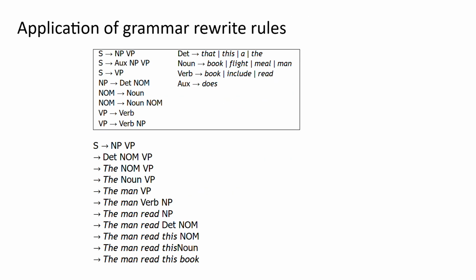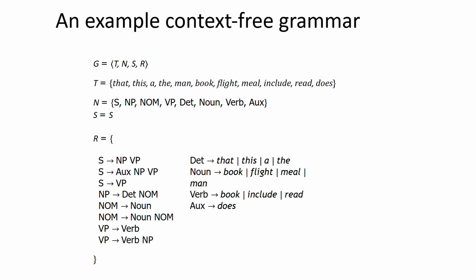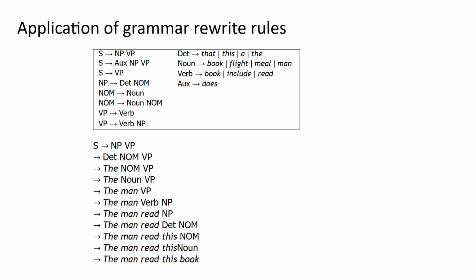Also you'll be given a statement. For example, if you're given the statement "the man read this book," you will be asked to do the top-down approach, generate a tree, and tell whether it is grammatically correct or not. For that, you have to start with S only, so you must have S on the left-hand side.